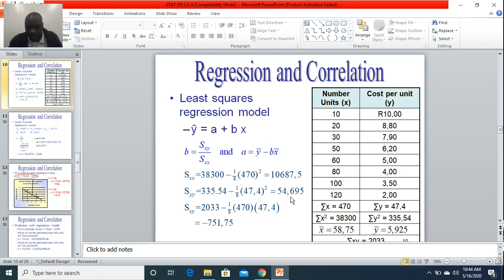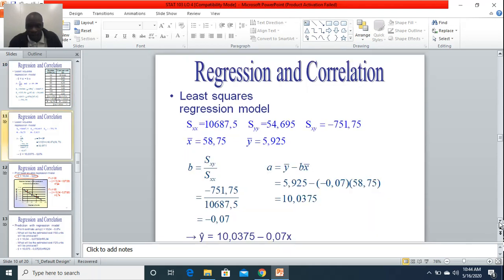When we divide Sxy by Sxx, we get b, which is minus 0.07. Then we find a by using the formula a is equal to y mean, meaning summation of y over n, minus b times x bar, which is summation of x over n. If you subtract, we get a.